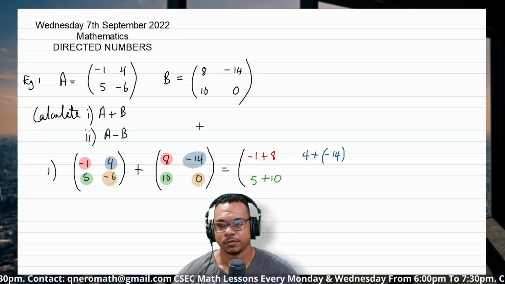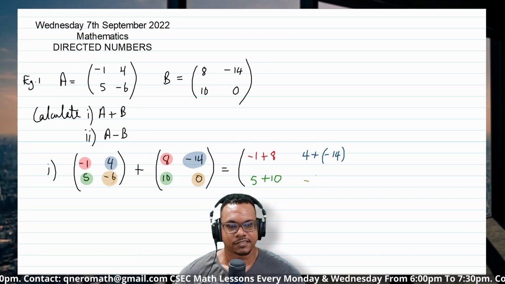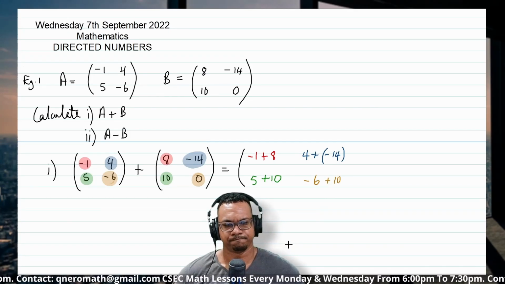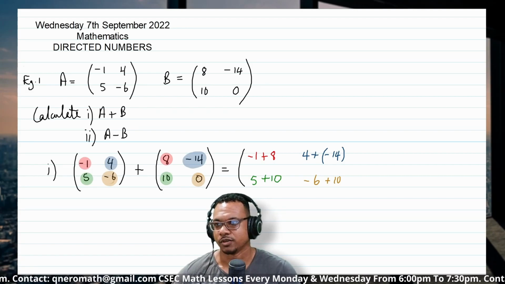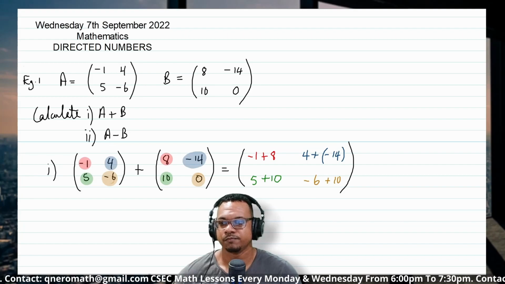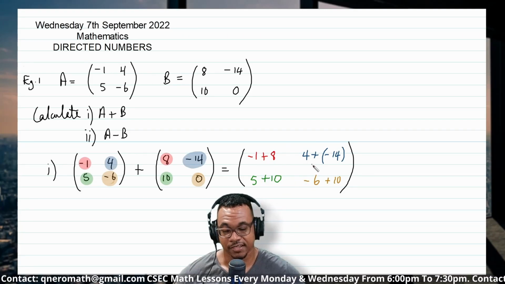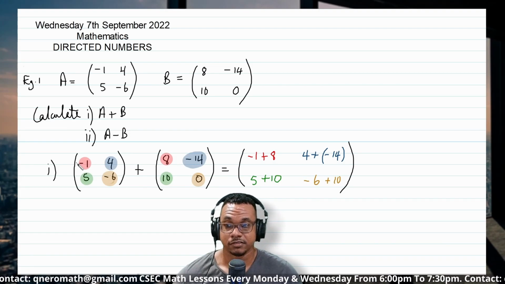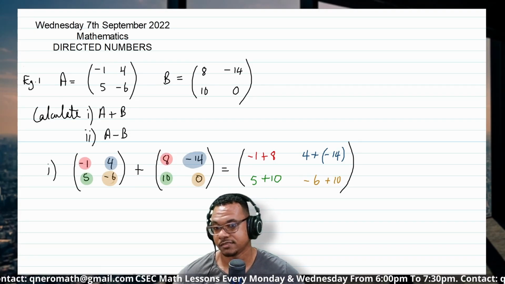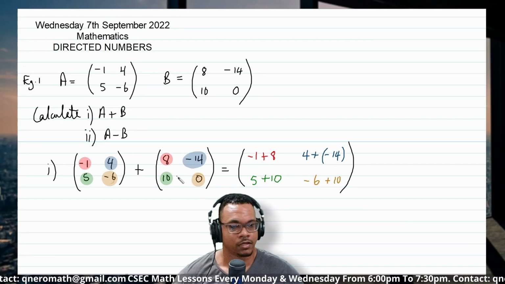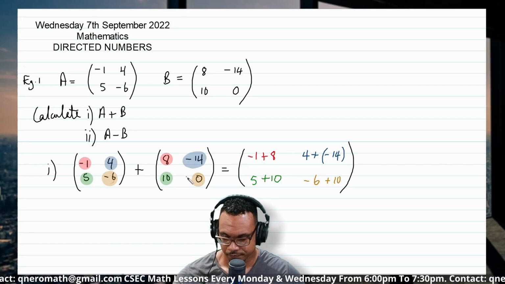So we're going to have -6 plus 0. Now close my brackets, and this is what I'm working out. Now you don't necessarily have to write things out like that. I'm just teaching. Normally you just say okay, -1 plus 8, and you just figure the answer out and just write the answer. And let's move stuff across.